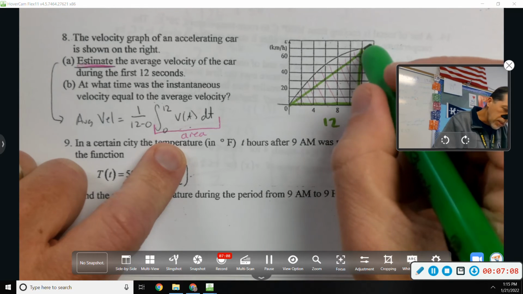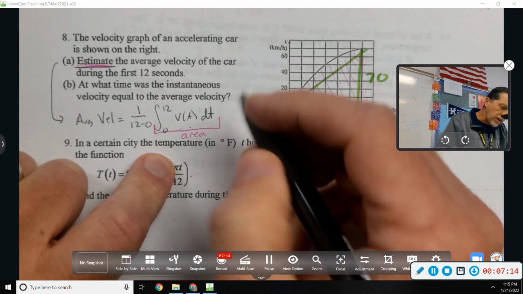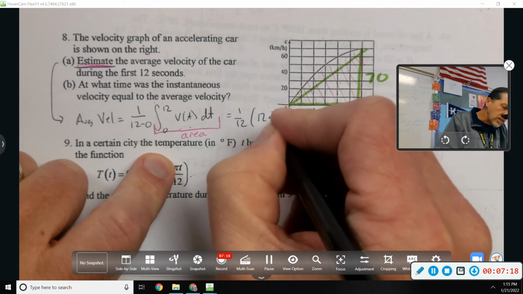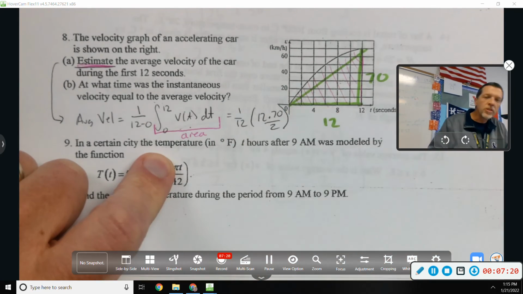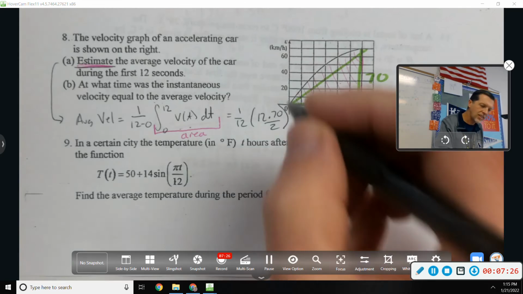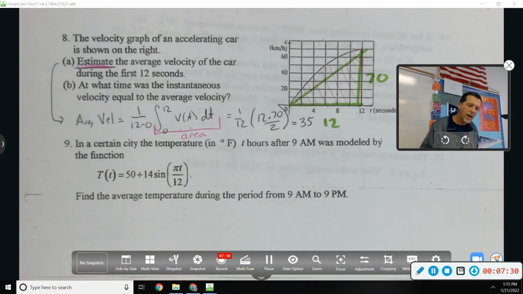So 12 times 70 over 2. This kind of works out well because of the 1/12 out front. 12 times 70 over 2 is the area, and the 12s cancel out. So that's kind of nice. So we get 35.